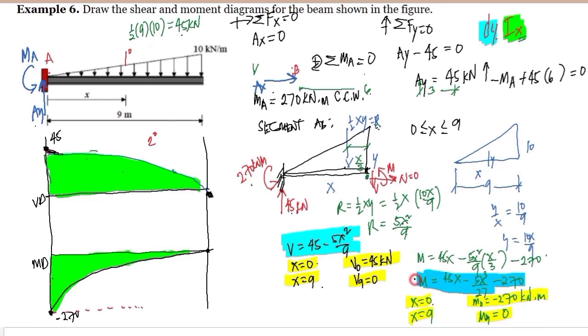So kung kukunin natin ang derivative nito, then we would have here the derivative of the moment with respect to x is equal to the shear, which is equal to 45x, so the derivative of that is 45, minus 3 times 5, so that's 15 over 27, so divide natin by 3, that would give you 5 over 9, and we have here x cubed minus 1, that's x squared, and the derivative of 270 is 0.